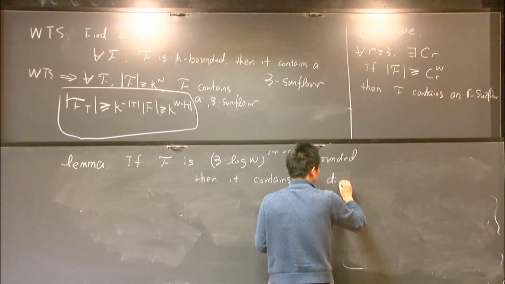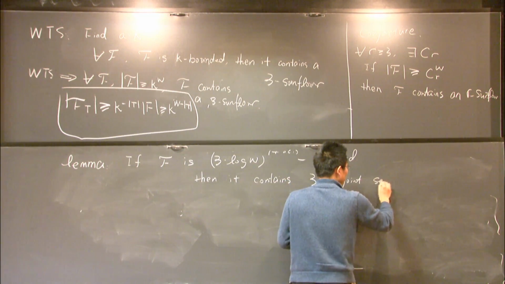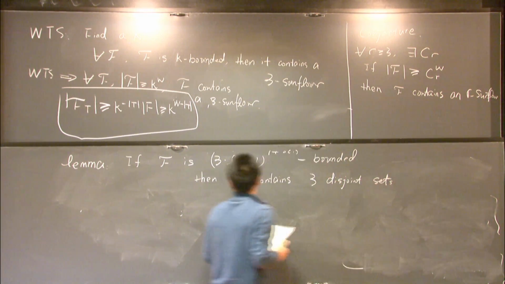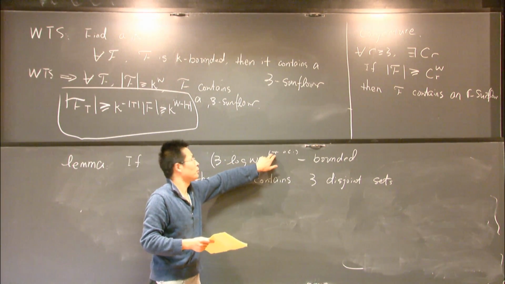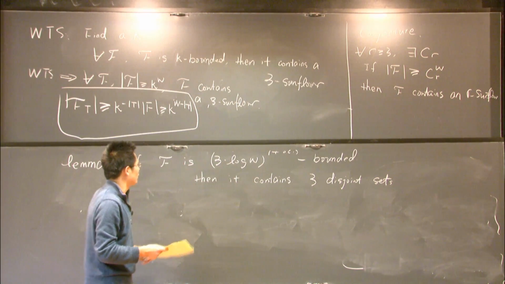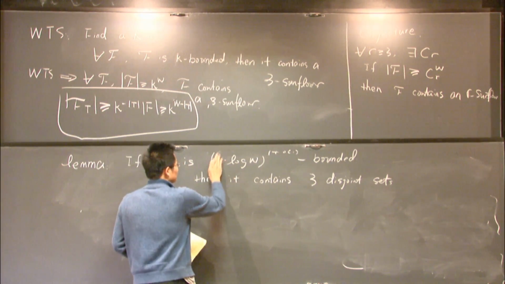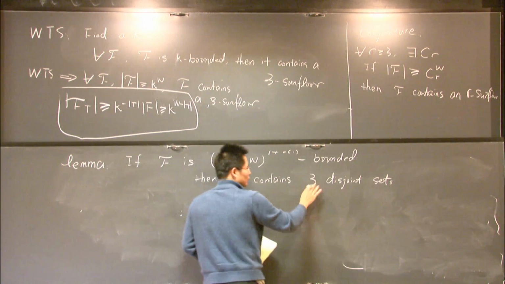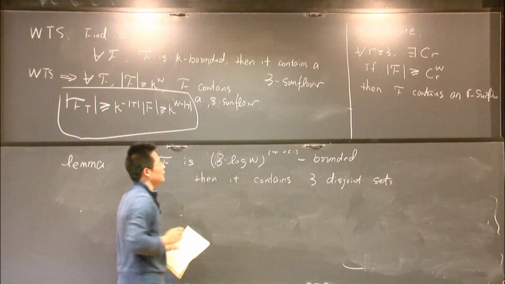Actually we proved something even stronger. Say if this is 3 times log W, theta 1 plus little o(1) bounded, then it contains 3 disjoint sets. For arbitrary R, we can simply replace R here, and then we can get R disjoint sets. Okay, so let's focus on R equal to 3 now.